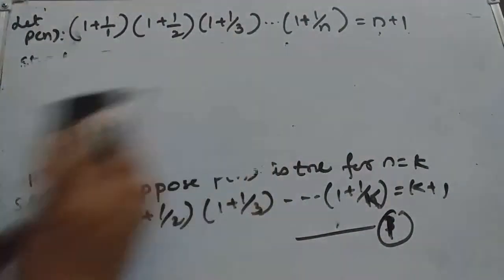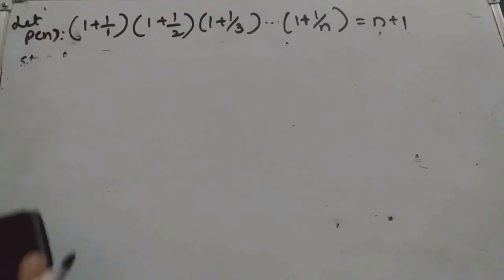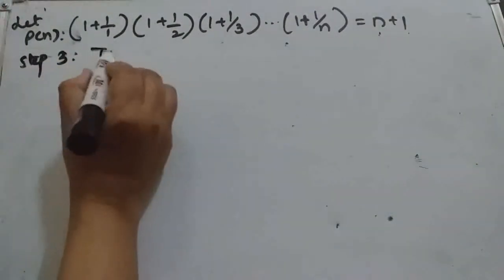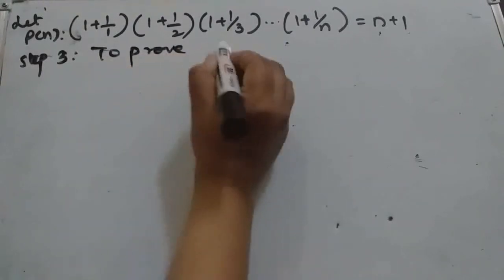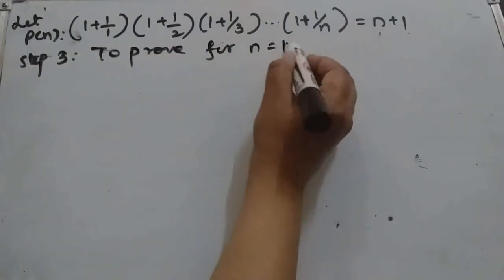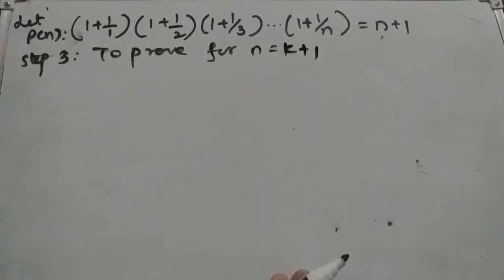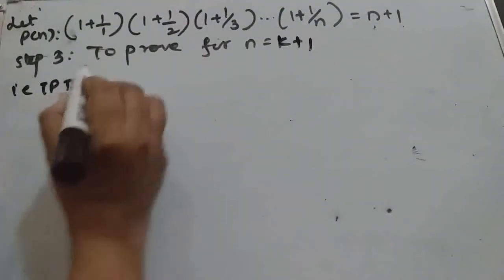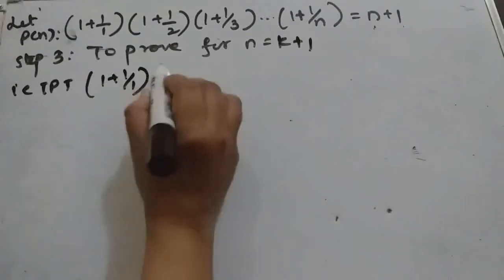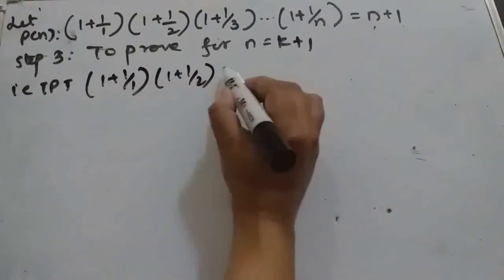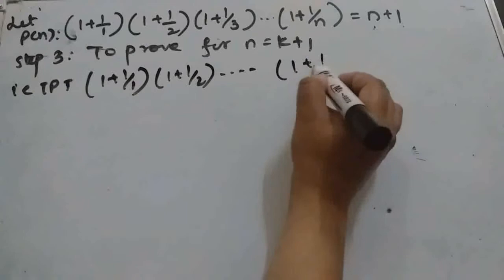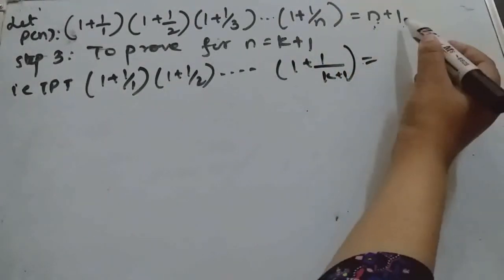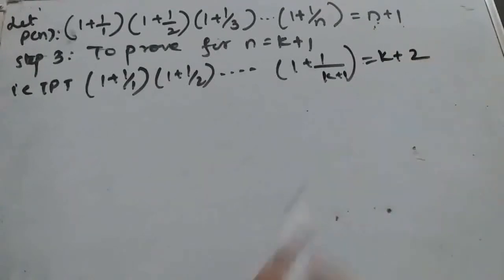So step 3 now, to prove for n equal to k plus 1. That is to prove that 1 plus 1 by 1, 1 plus 1 by 2, up to 1 plus 1 by (k plus 1), is equal to, k plus 1 is already there, means k plus 2.